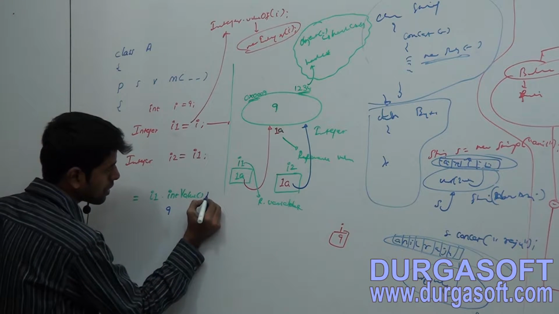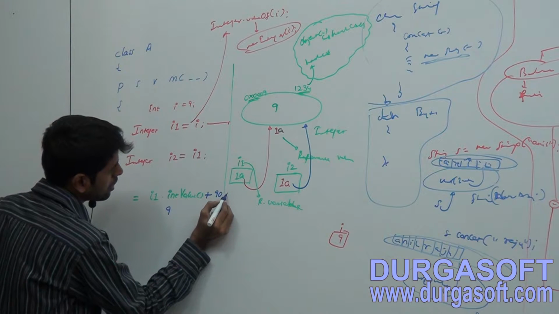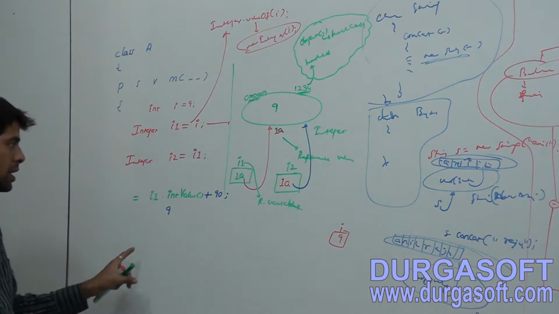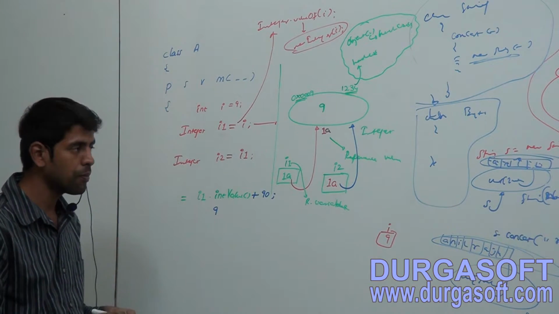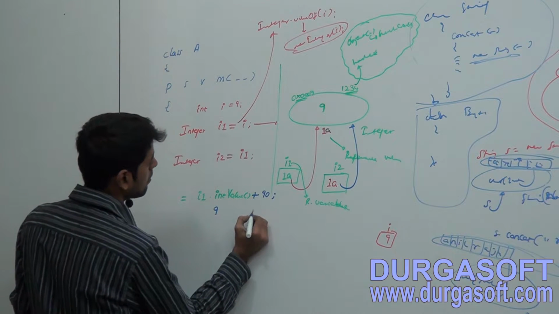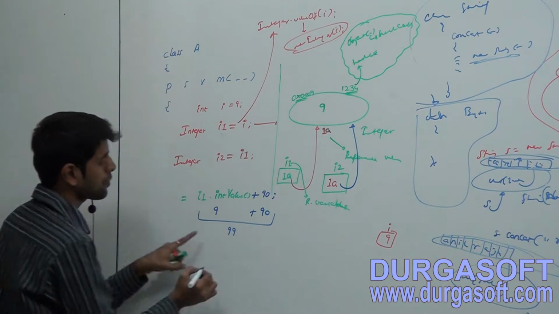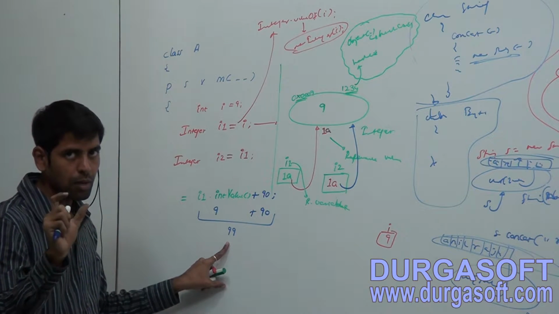Now observe, friends, plus 90. The resultant value is what, friends? 99.